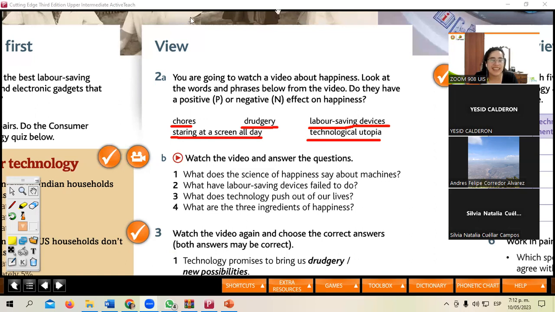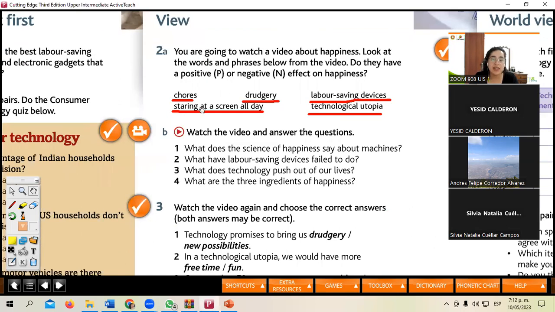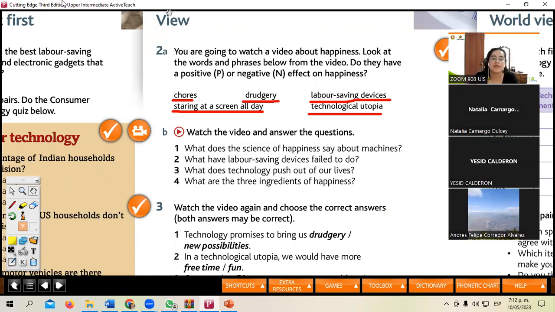Then for staring at a screen all day: negative, generally can be negative. Then drudgery: negative. Labor-saving devices: positive. And finally, the technological utopia: positive.